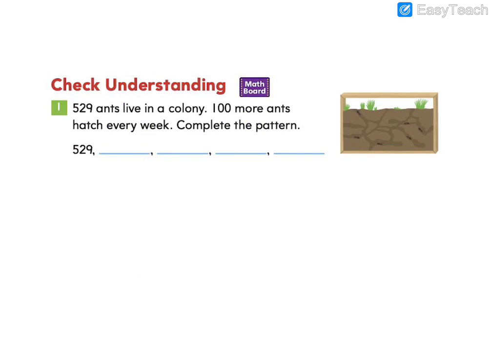Right, let's look at check understanding. 529 ants live in a colony. 100 more ants hatch every week. Go ahead and complete the pattern that gets 100 greater each week.